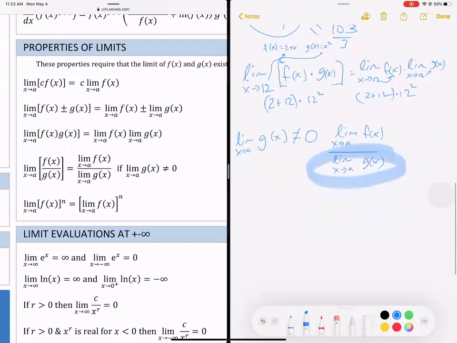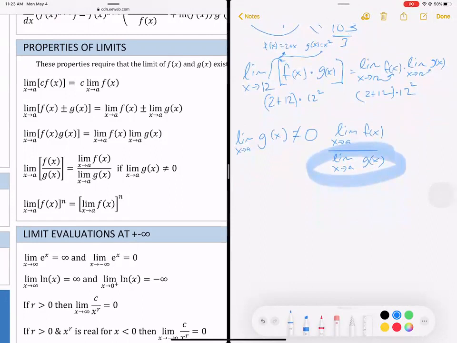Now we've had problems where this happened before, and on our last IXL, if I wrote x squared plus 6x plus 8 over x plus 2, we say the limit as x approaches -2. Would this truly be the same as if I took the limits of them separately?